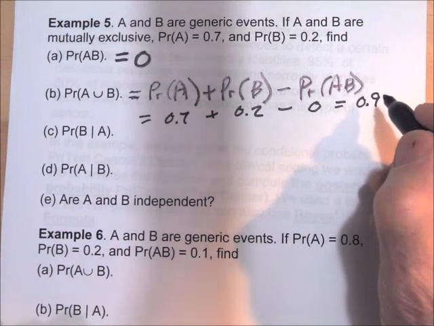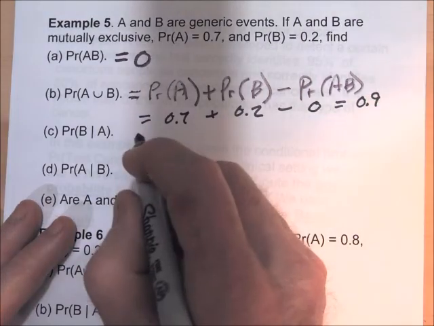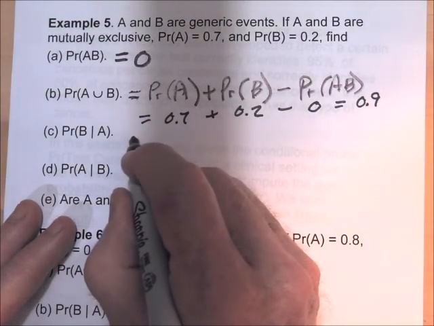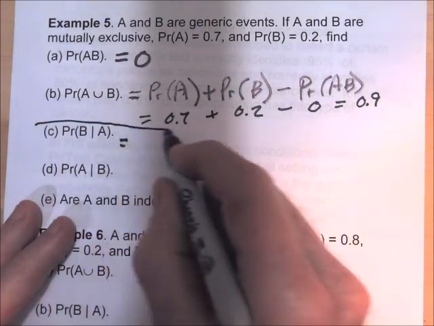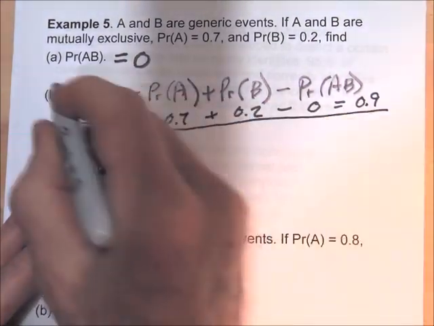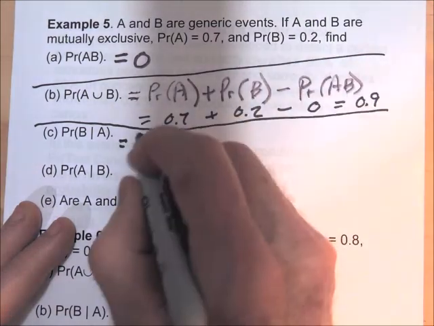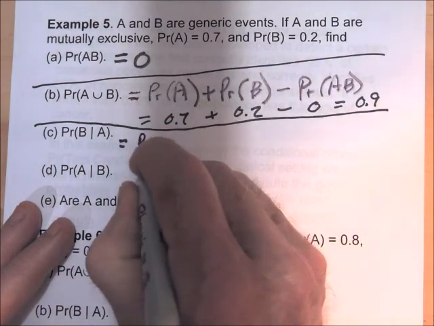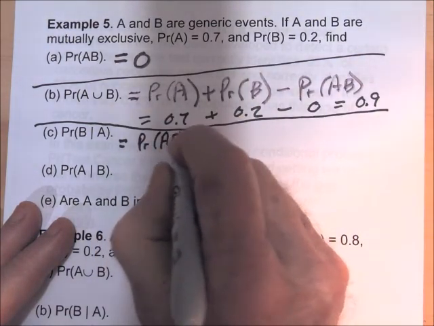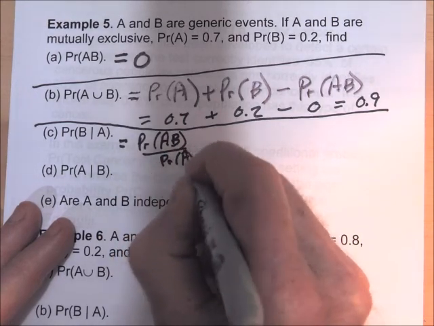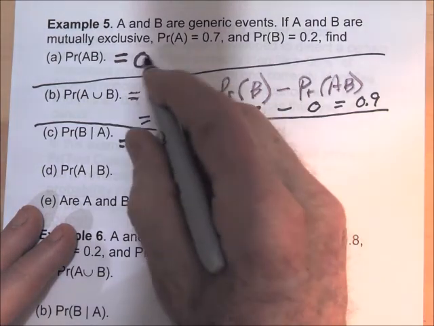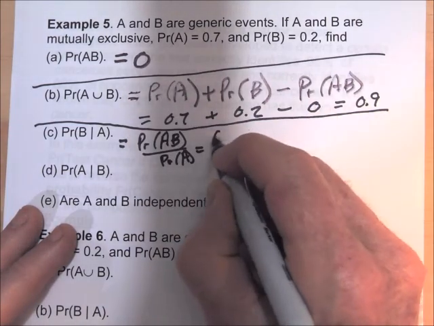Probability of B if A, so that's going to be the probability of A and B divided by the probability of A. So the probability of A and B is 0.